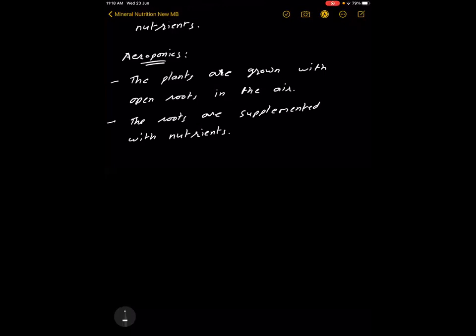That function of calcium cannot be replaced by another element, and the other element also cannot be replaced by calcium. So this is the criteria.